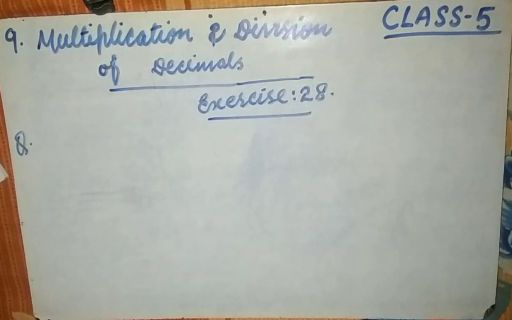Here we will talk about the multiplication of decimal fractions by 10, 100, 1000, etc. And also we will talk about the division of decimal fractions by 10, 100, 1000, multiplication of two decimal fractions, as well as division of one decimal fraction by another, and so on. So students, let's get started.